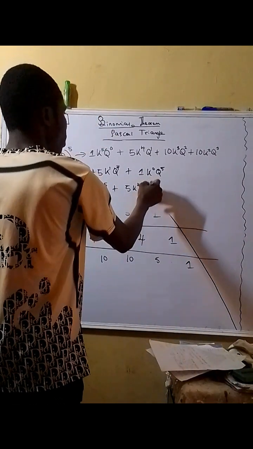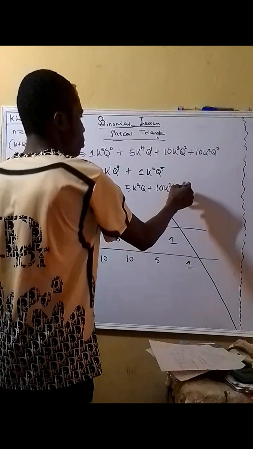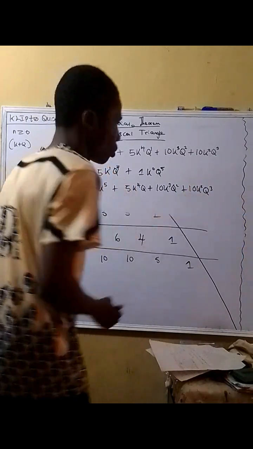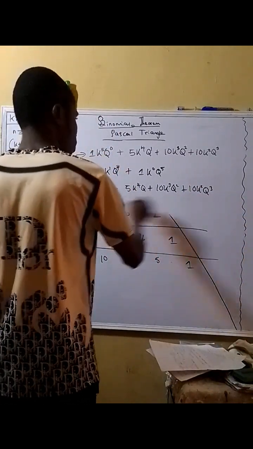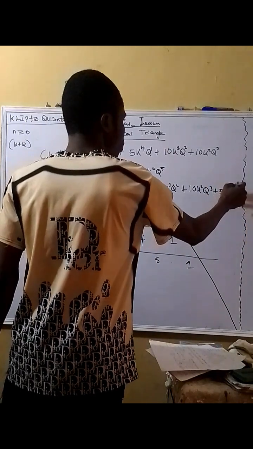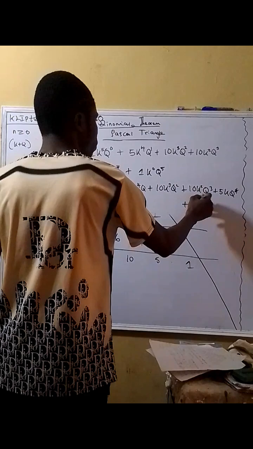The next one is plus 10k cubed q squared, plus 10k squared q cubed, then plus 5k q raised to power 4, and the last one plus q raised to power 5.